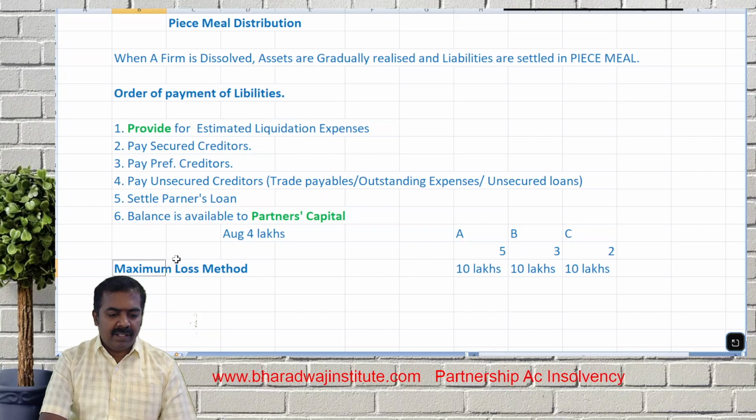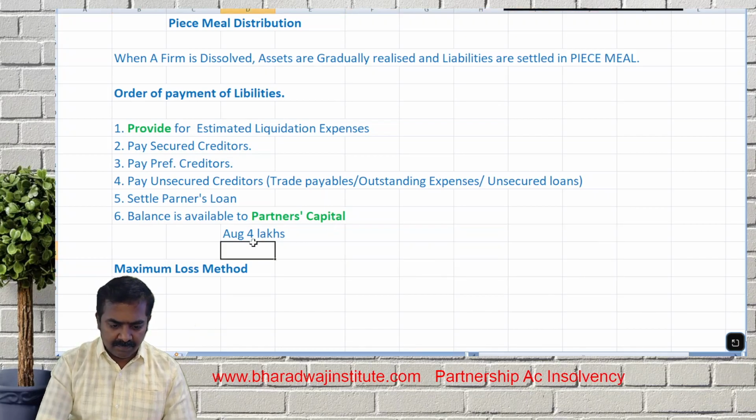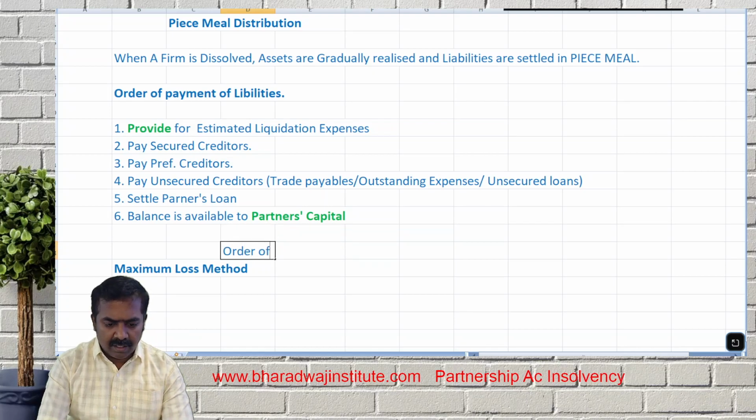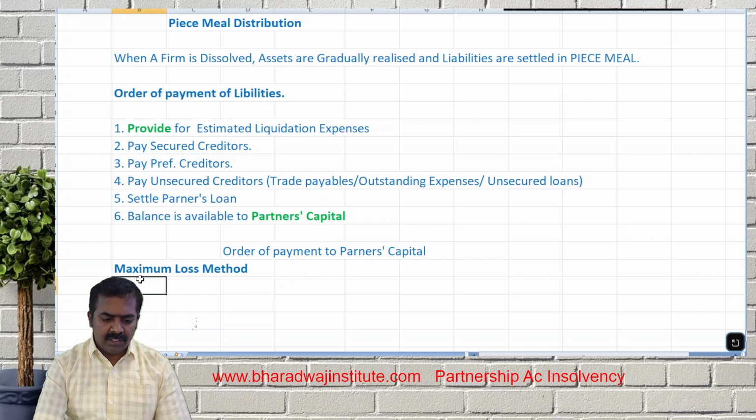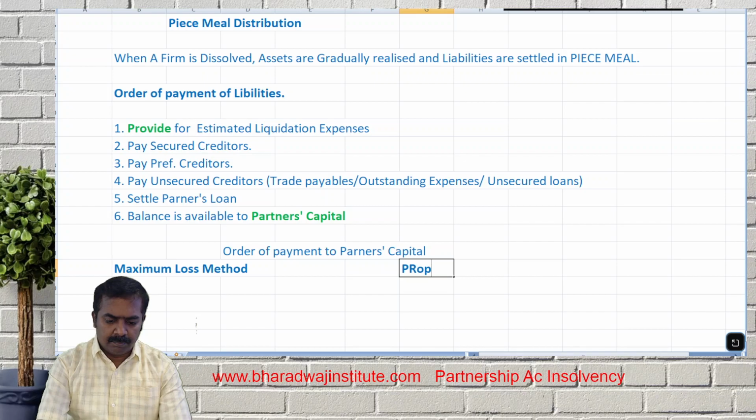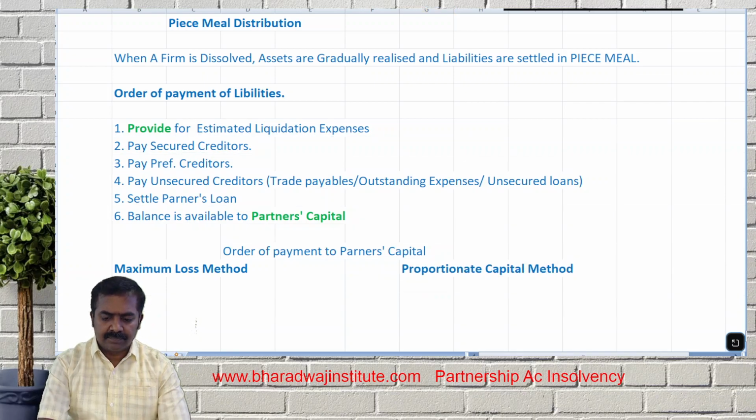Order of payment to partners: capital. One method is the maximum loss method. The other is the proportionate capital method.